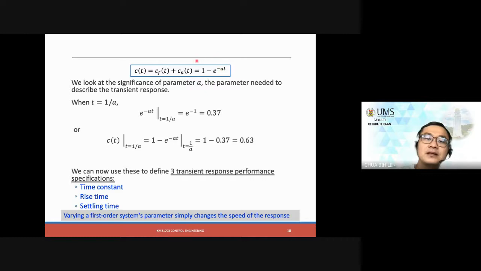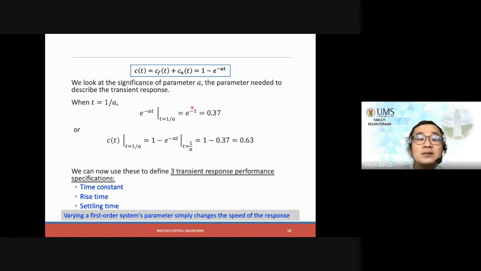From the response equation over here, the step response or the time response for a first order system, you can see that when t is equal to 1 over a, then this one will become minus 1, right?